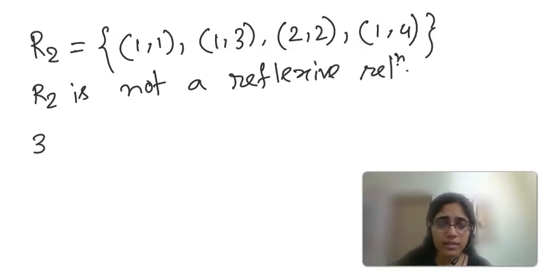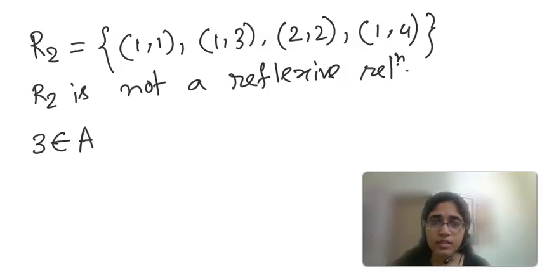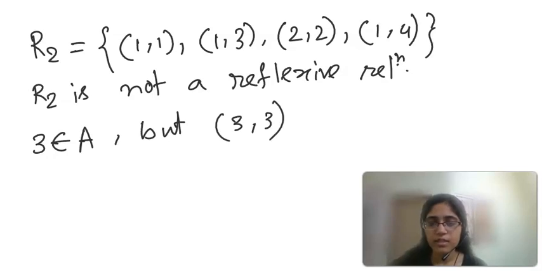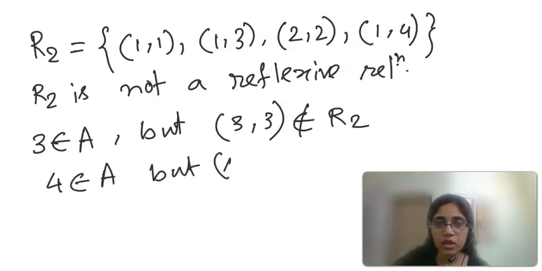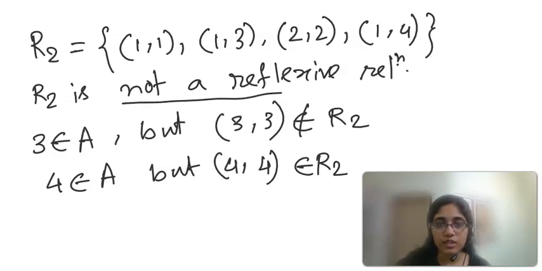You see that 3 belongs to A, but the term (3, 3) doesn't belong to R2. Also 4 belongs to A, but (4, 4) doesn't belong to R2. So it is not a reflexive relation.